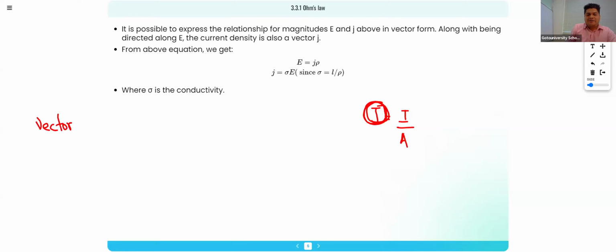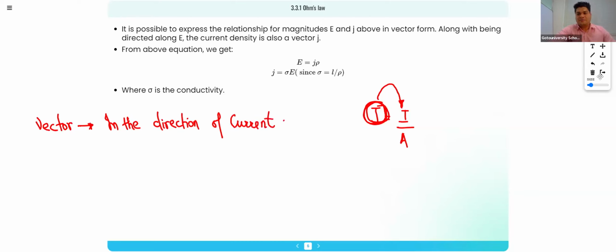That means it will have magnitude and direction. Current density will be in the direction of current.